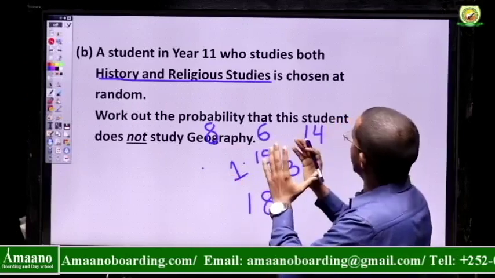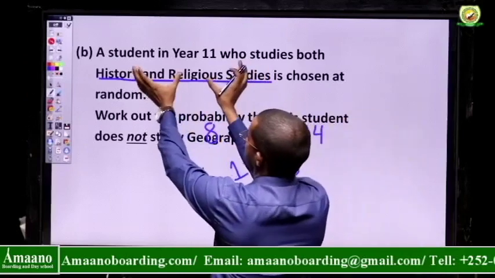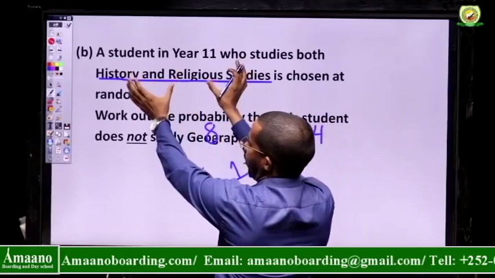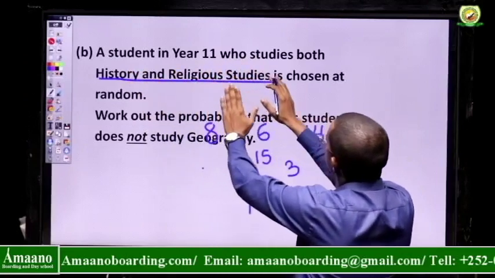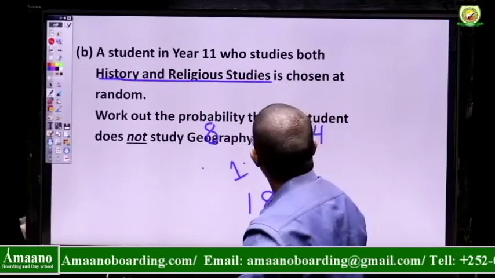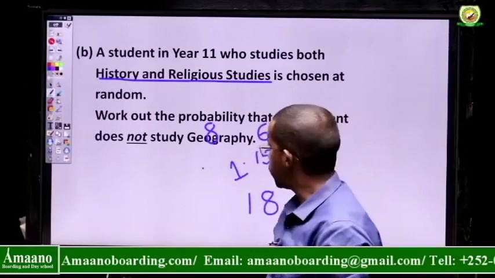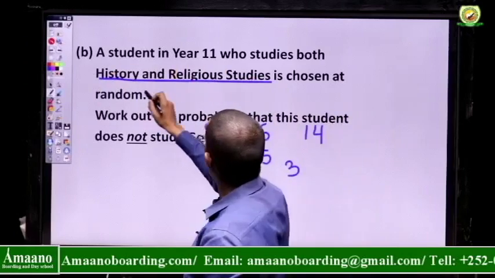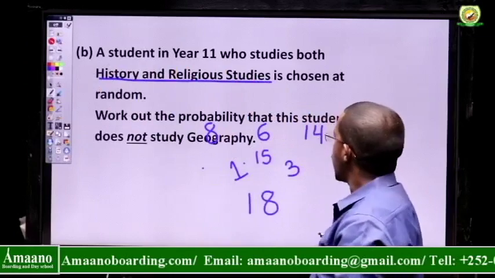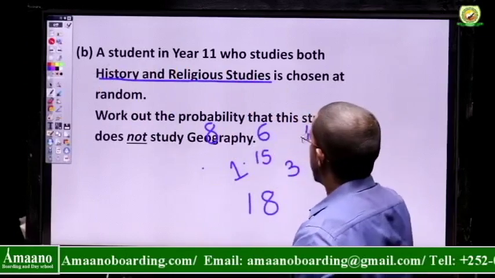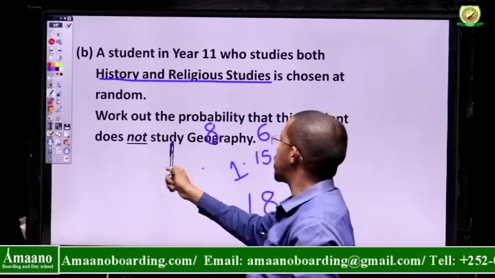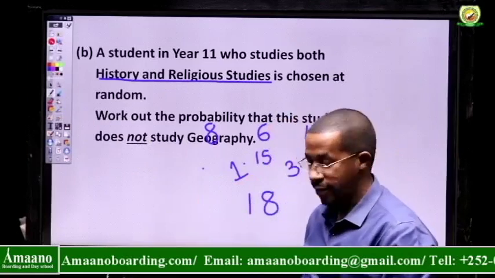So you are selecting from here, okay? A student in year 11 who studies both history and religious studies is chosen at random. So we are selecting from this part, history and religious studies. Work out the probability that this student does not study geography.